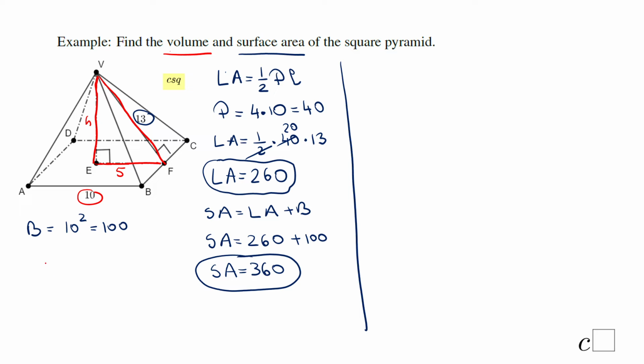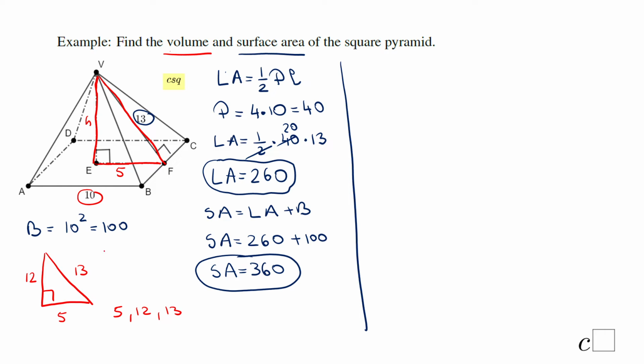And again, I'm going to draw this triangle here: 5, 13. If you remember, this is a special set of numbers, a Pythagorean triple, as we call it, 5, 12, 13. It's good to remember something like that.